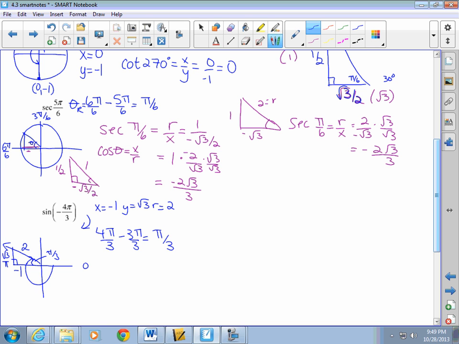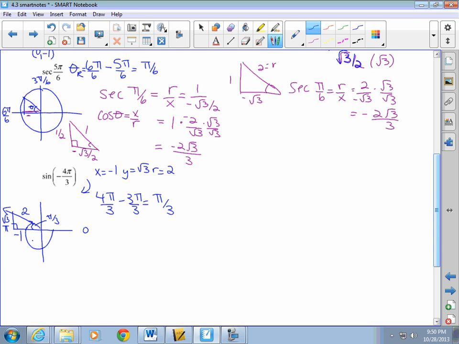Okay, and I know when I do this, if I look at the CAST rule, C-A-S-T, sine isn't going to be negative because I'm in a sine positive quadrant. So we'll see when we finish our answer if we get a positive value for this. So I'm going to do sine of my reference angle.